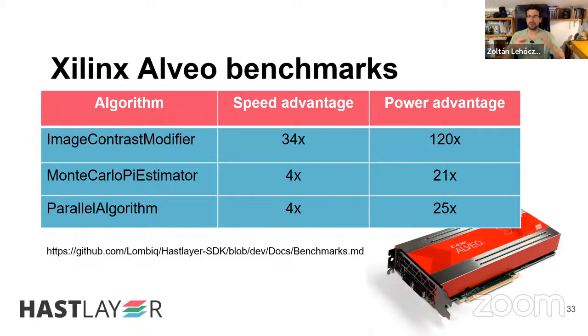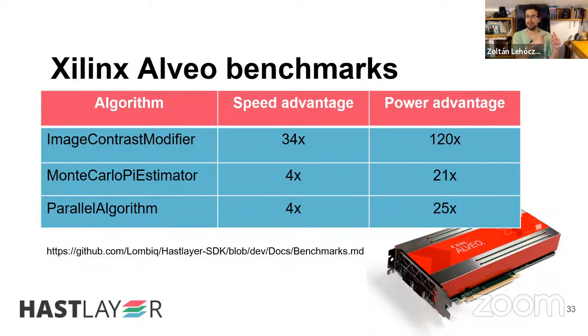We have done some benchmarks, and the details of these are available also on GitHub. We benchmarked on the data center accelerator cards called Alveo cards, and on these satellite onboard computers. The data center accelerator cards actually brought smaller performance advantages and power consumption advantages compared to the cloud servers.